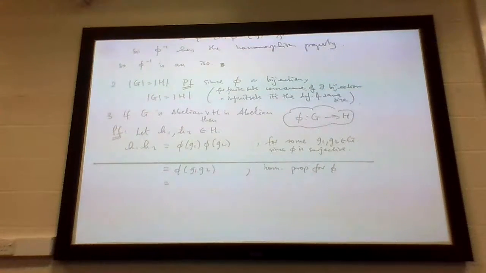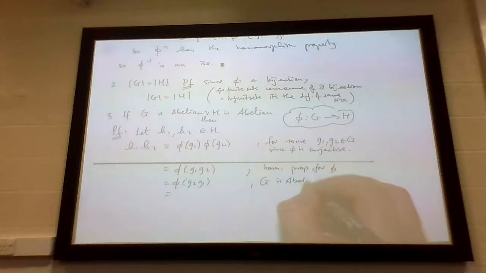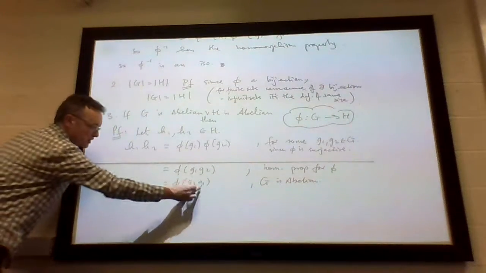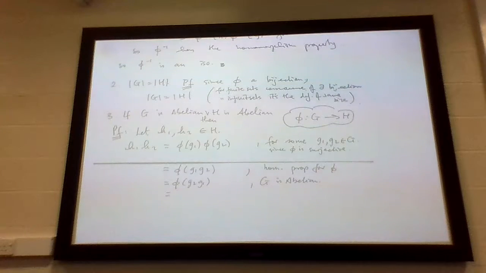Next, G's abelian, so phi of G2, G1. Then split them up again: phi of G2, phi of G1. Here we're looking at phi of a product. By the homomorphism property, it's the product of the individual phi's, phi of G2 times phi of G1.